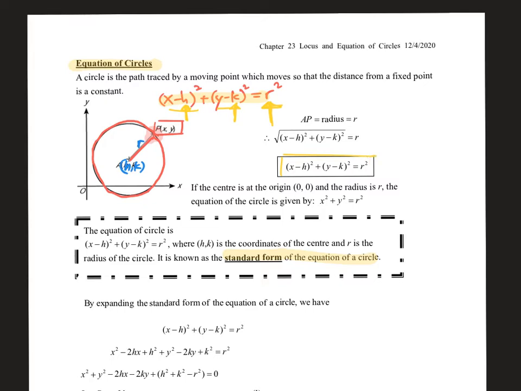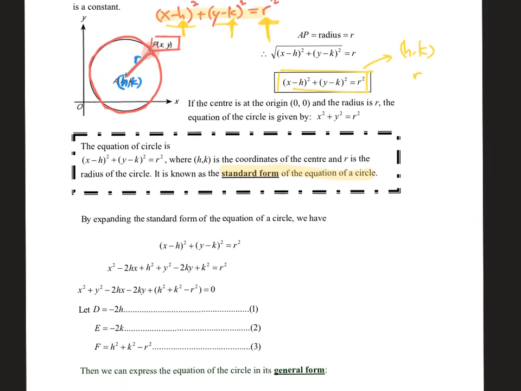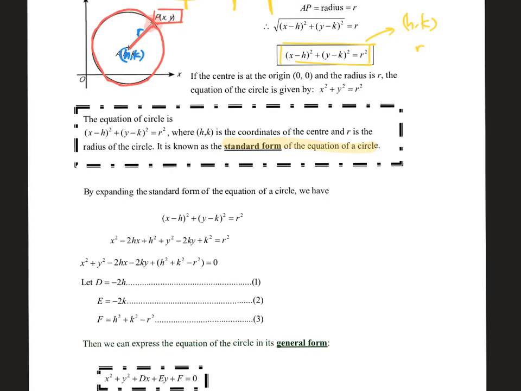So this is the first important form we know, and this one is very informative because (h, k) and r tell you two pieces of information. Next, we want to see what if we expand it and what else we can see from the formula. You can see the steps on the left-hand side. Maybe I do it very quickly for you. If you expand the brackets, you have x squared minus 2hx plus h squared by identity.